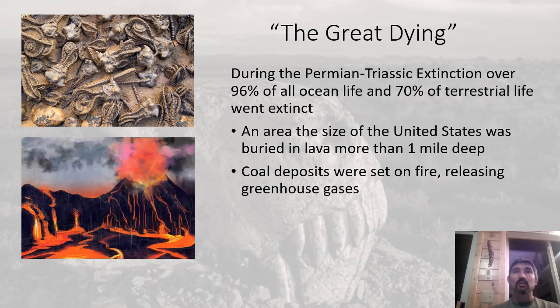Someone else asked me what kind of criteria are you going to use to grade this essay, and basically I want you to give me 2 examples in terms of evidence and in terms of fossils. So for example, for the Great Dying, we can see that ocean life began to die, and so that would be fossil evidence that there's no more fossils of certain types of ocean life.